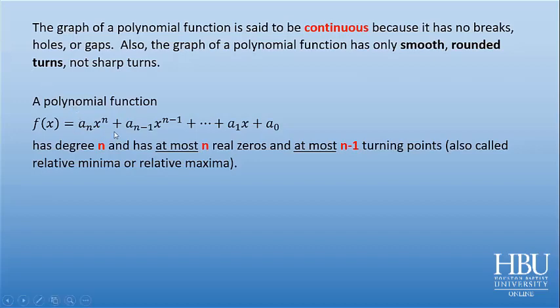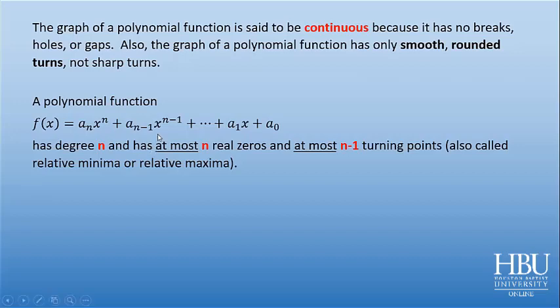The a's are constant coefficients that are real numbers, and the variable x has the highest exponent in any one term of n, and that's why we say this is degree n for this particular polynomial.